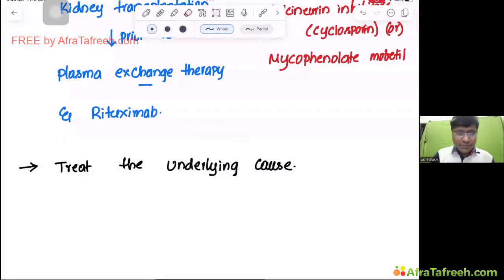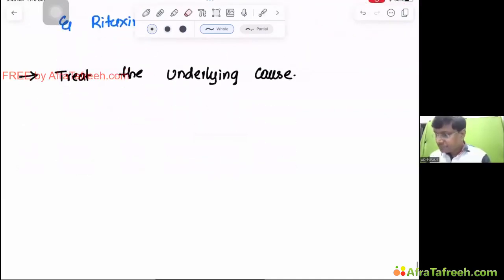Now we'll move on to the last important form of nephrotic syndrome, that is membranous glomerulonephritis, the one commonly seen in elderly individuals.